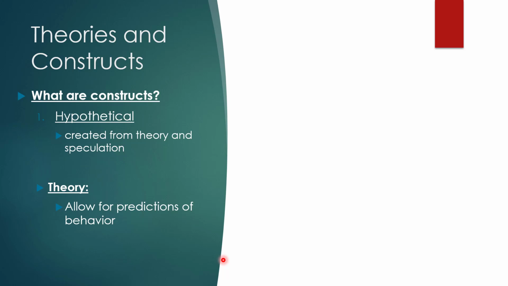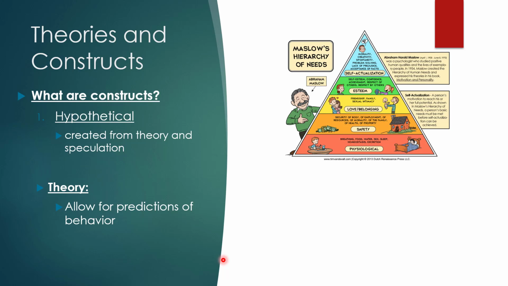Sometimes we misuse this idea of theory in our everyday language. For example, I might say, oh, I have a theory of why so-and-so is not talking to me so much. But in psychology, a theory is a statement that organizes observations that have been made. These observations are about specific relationships between variables. They propose an underlying behavior and allow us to predict behavior. Here are some examples of things you might be familiar with.